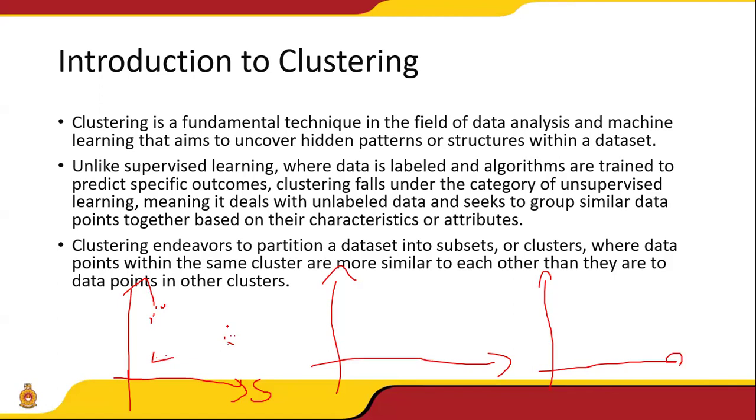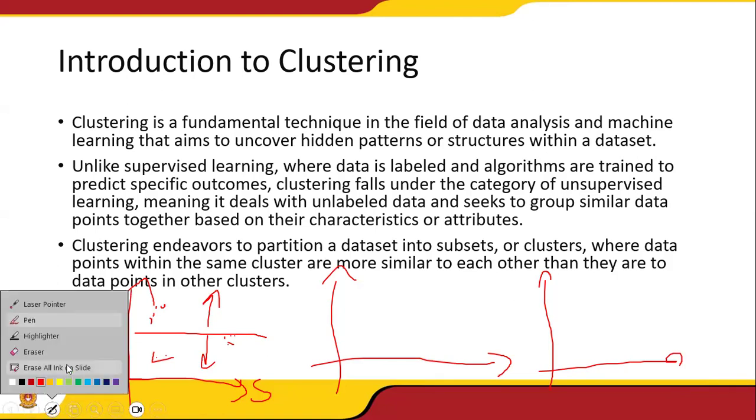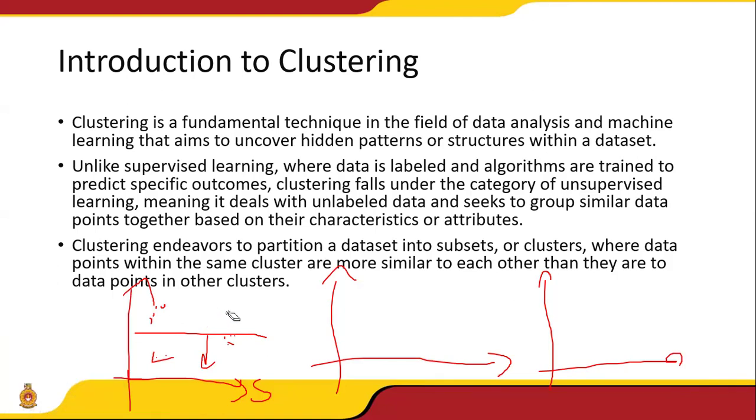I can partition, or cluster, into any number of clusters. Though we have these three partitions already, if I want two clusters, we can divide into two. This part is part A, this part is part B, and we have two clusters. If we want 4, 5, 6, 7, 8, 9, 10, yes, of course, we can do that too.